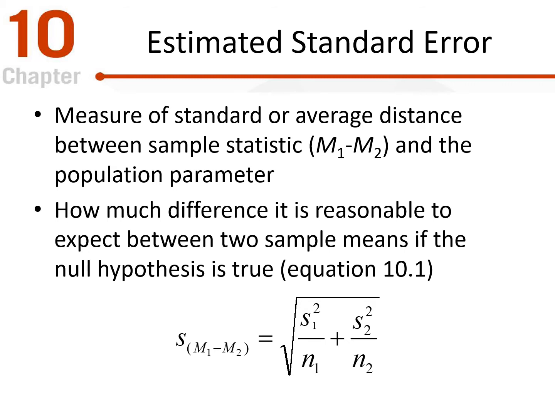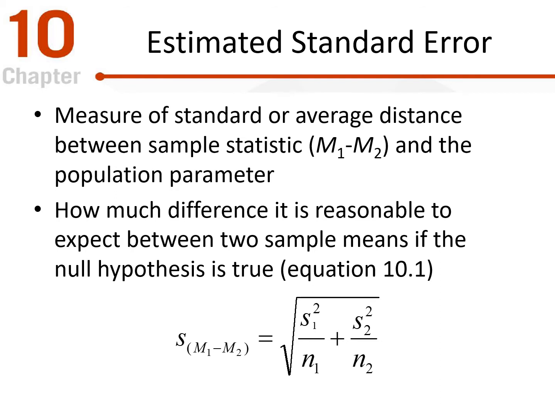So if you took two samples at random and found their difference, and you did that over and over again, and plotted it, you'd have some variability. You'd have a distribution of the differences between the sample means. The standard deviation of that distribution would be known as the standard error of the difference between sample means.